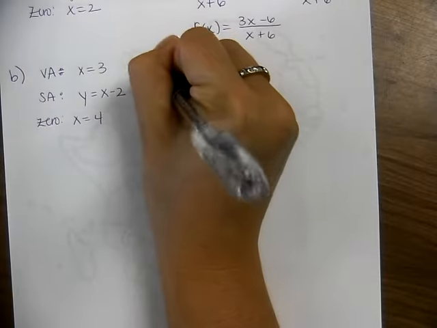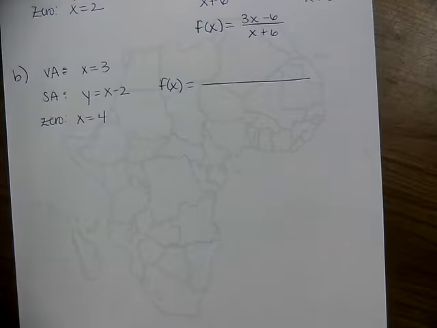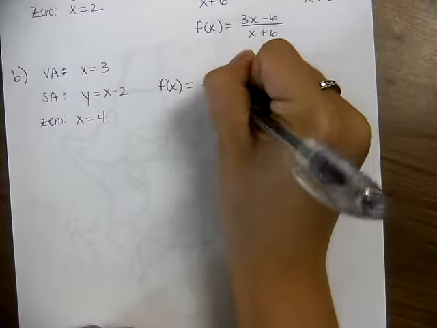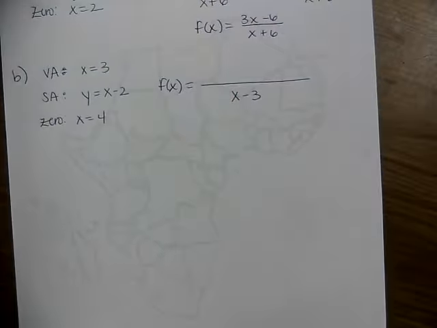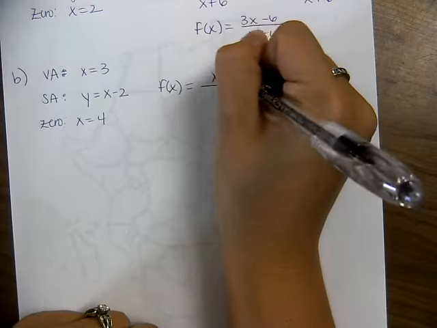So let's think. We got to start out with f(x) = something over something. The vertical asymptote came from the denominator, so I should have an x - 3 down here. The 0 came from the numerator, so I should have an x - 4 here.